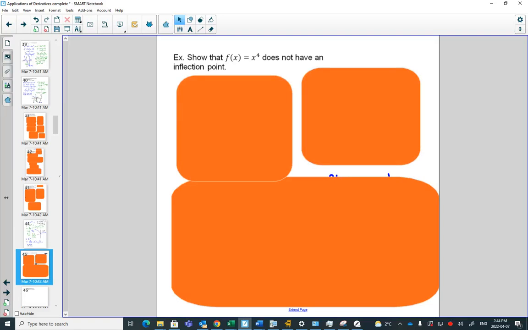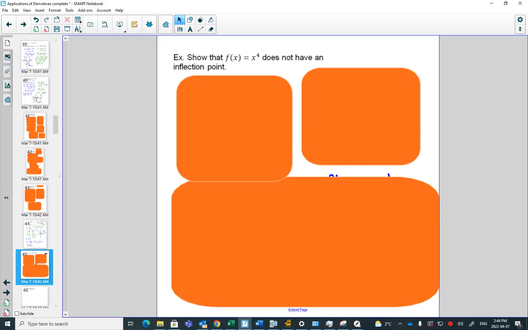To the next question, showing that x to the 4 does not have any inflection points. So you need two things for there to be an inflection point. You're going to need to find your second derivative, and it has to be equal to 0.